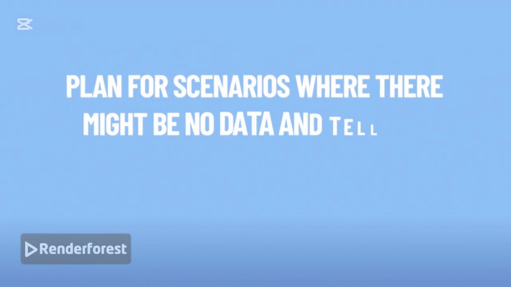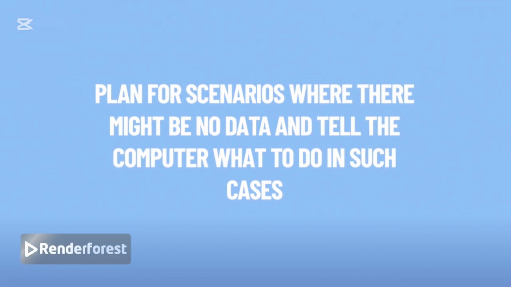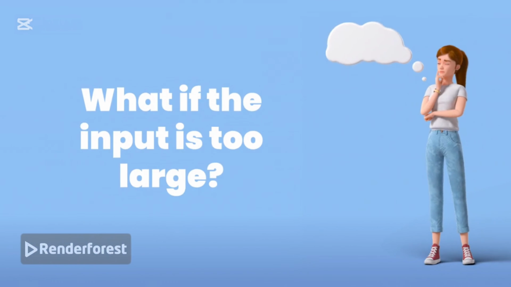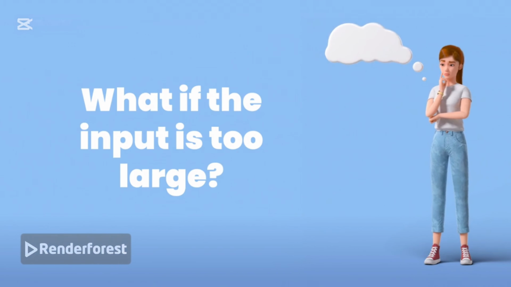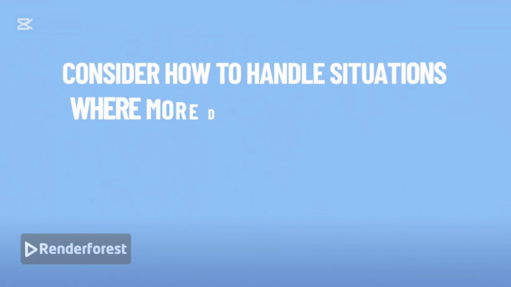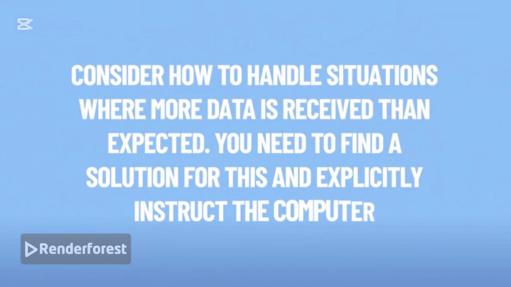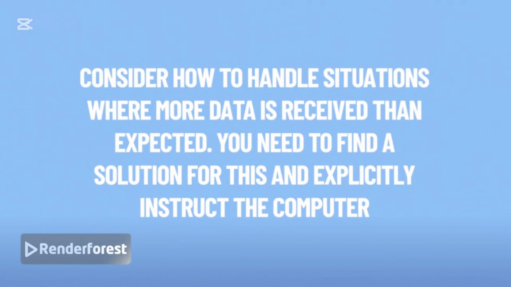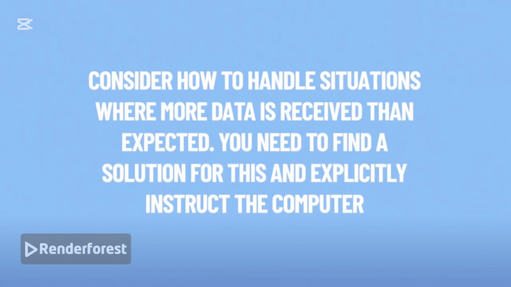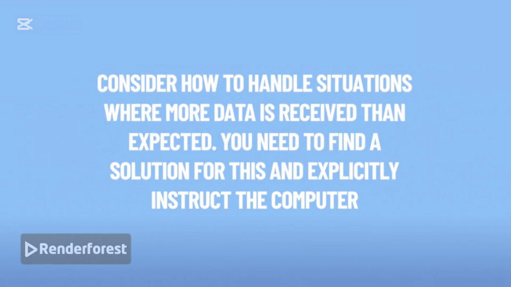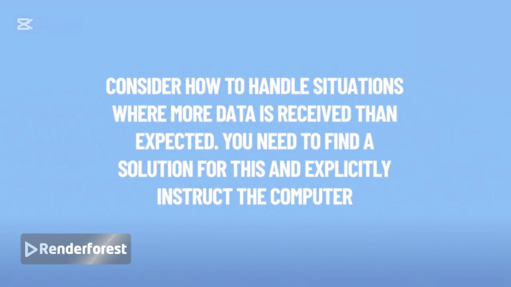Plan for scenarios where there might be no data and tell the computer what to do in such cases. Also, ask, what if the input is too large? Consider how to handle situations where more data is received than expected. You need to find a solution for this and explicitly instruct the computer.